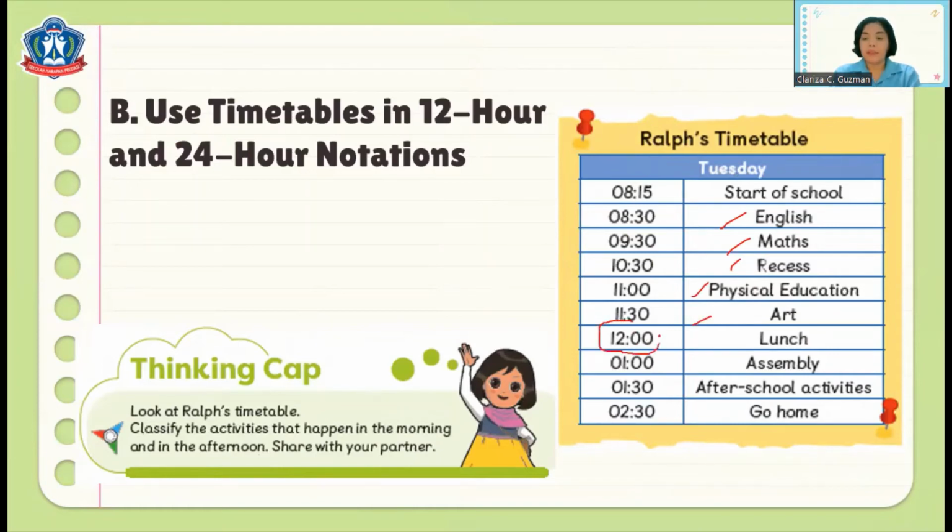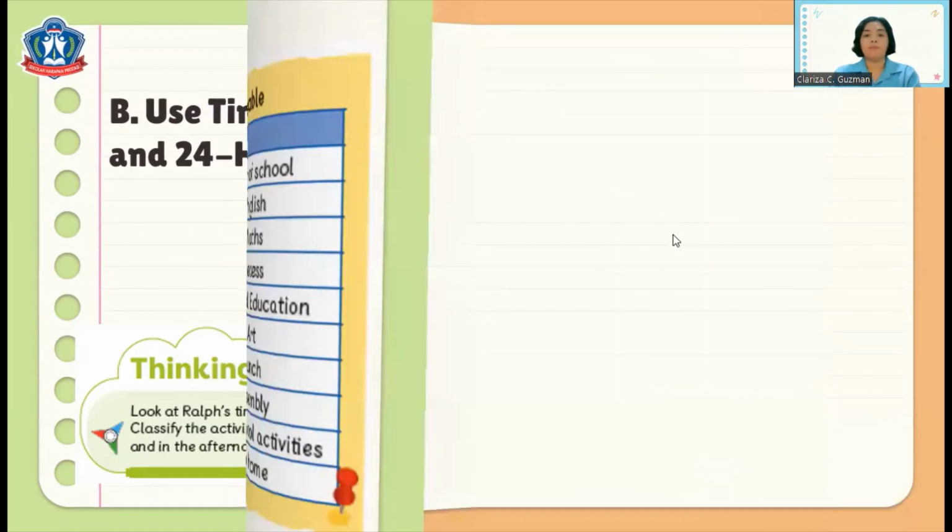Because 12 is already noon time. Remember, afternoon times are already PM or the afternoon classes. So we have assembly, after school activities, and at 2:30 in the afternoon, Ralph will go home. So this is his timetable.